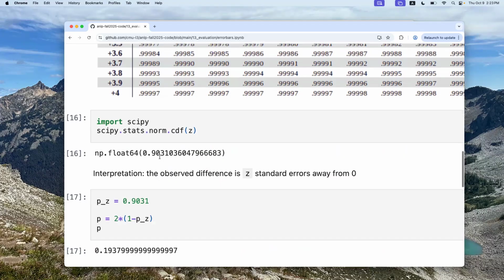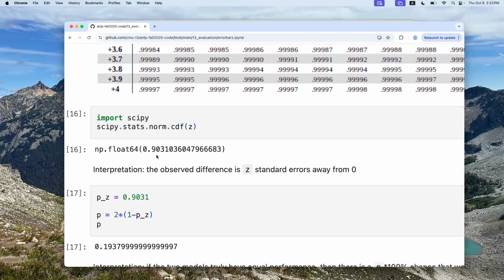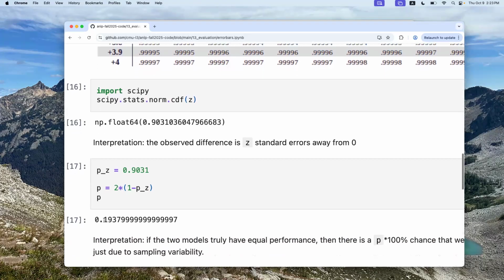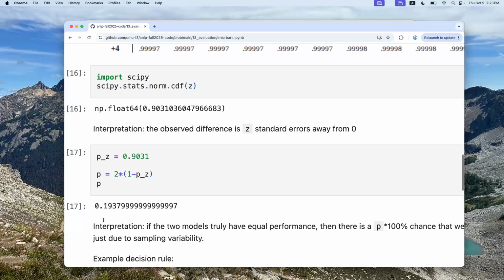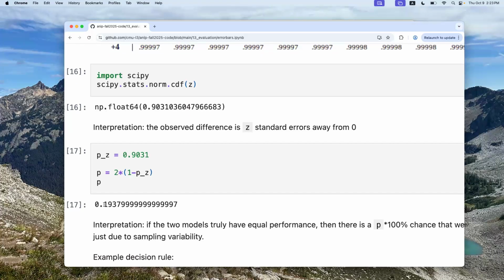Okay, so now the idea is we want to compute this. We want to look at the part that's not captured, so 1 minus this, and you also want to look at it for both sides of the distribution. So that's what this is doing here, and now we get this number, 0.193.